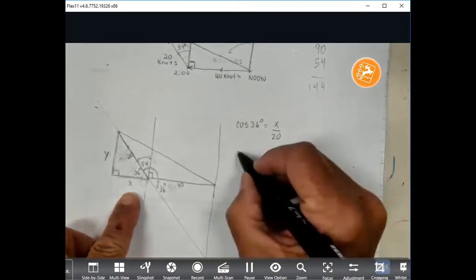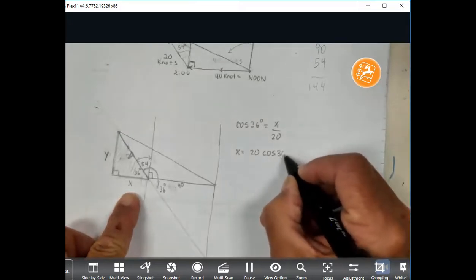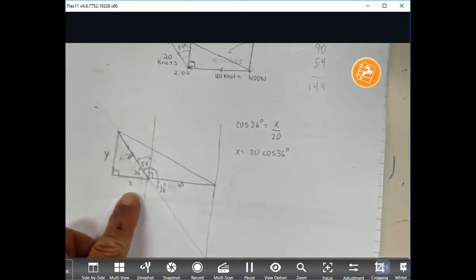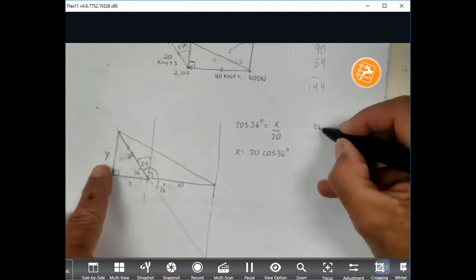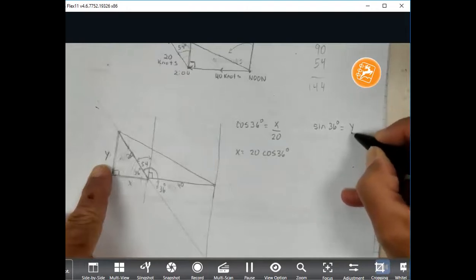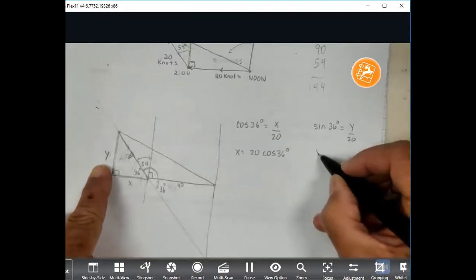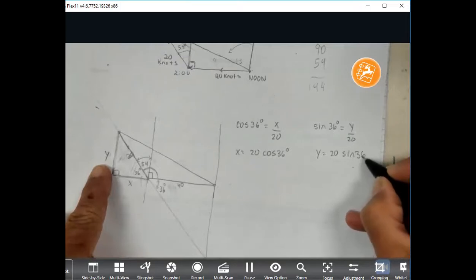And then that gives you X equals 20 times the cosine of 36. Okay, now let's find Y. Y is opposite that. Sine. So the sine of 36 degrees is Y over 20. So Y is equal to 20 sine 36.